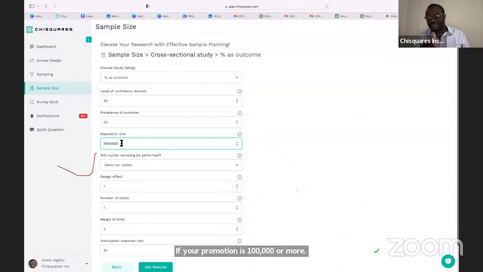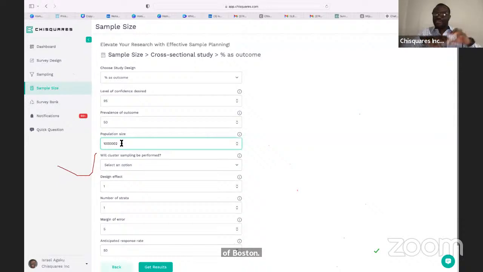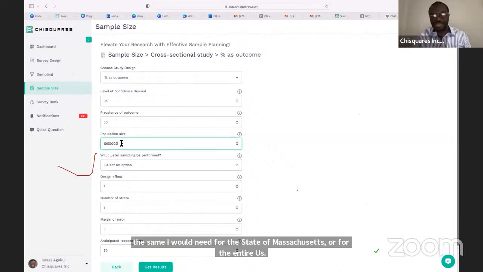Just put any number above that. It's because sample size is agnostic of population size. What does that mean? It means that the sample size I need to calculate the prevalence of smoking in the city of Boston is the same I will need for the state of Massachusetts or for the entire US. Because it doesn't matter. I will demonstrate that in a second.